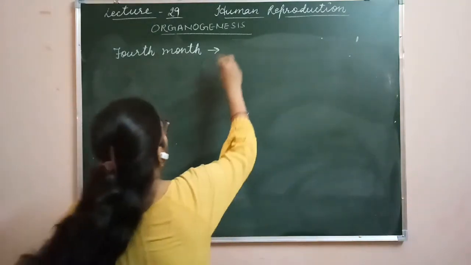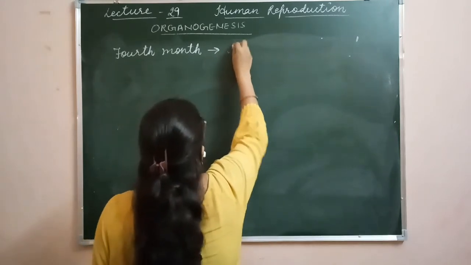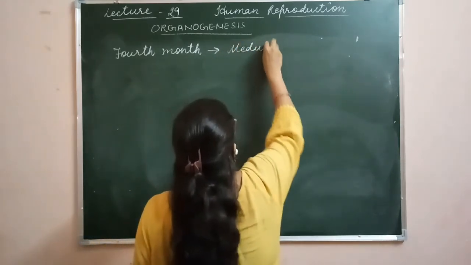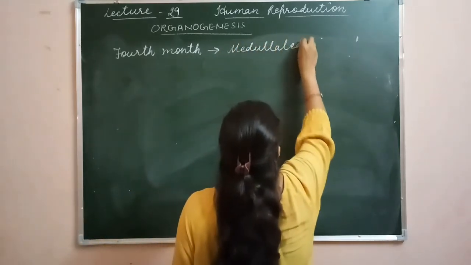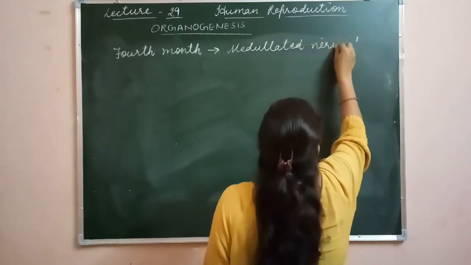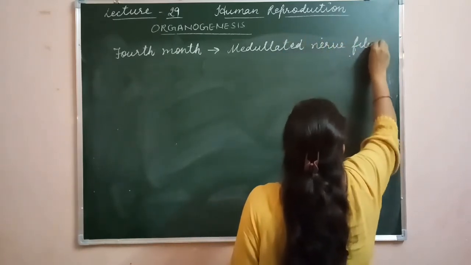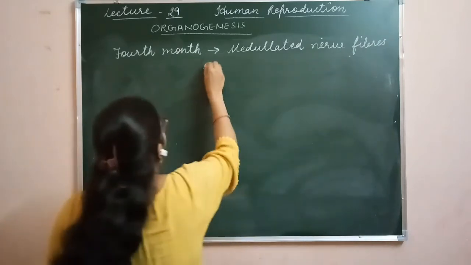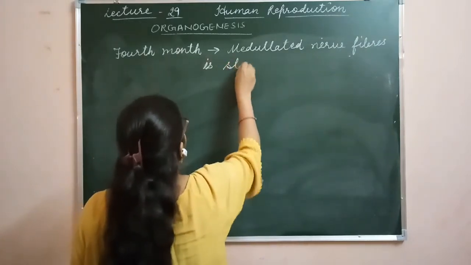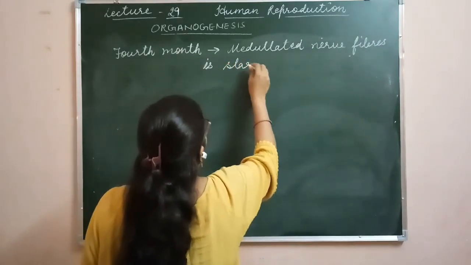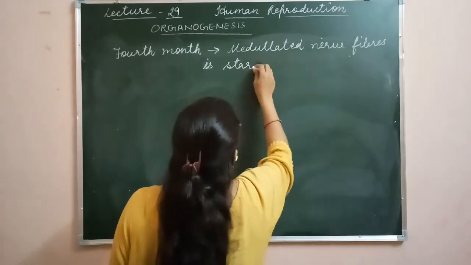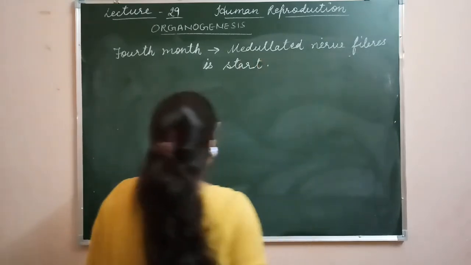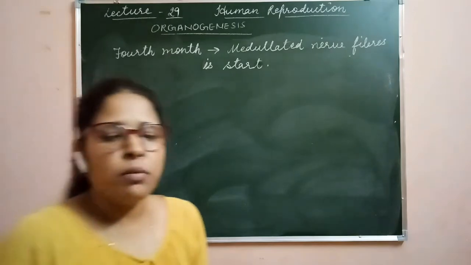Clear? So the formation of medullated nerve fibers starts. It means the medulla oblongata starts at the end of the fourth month.